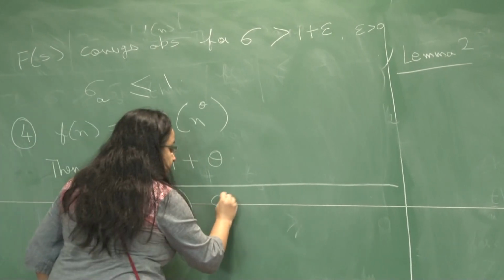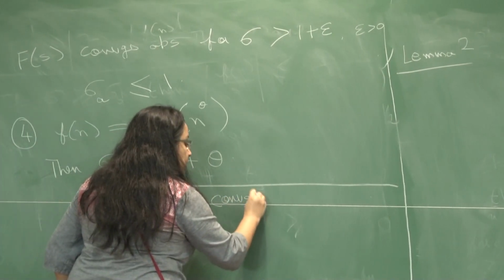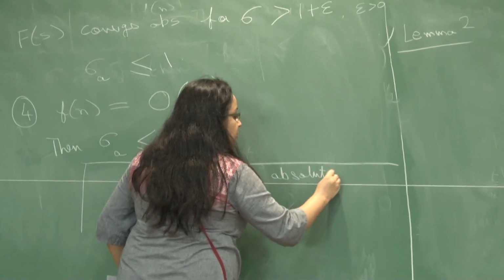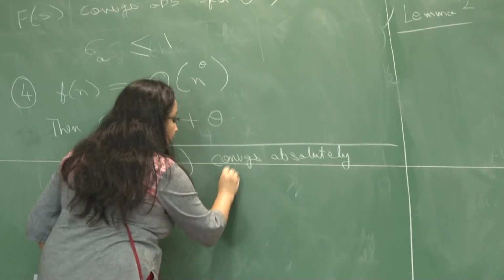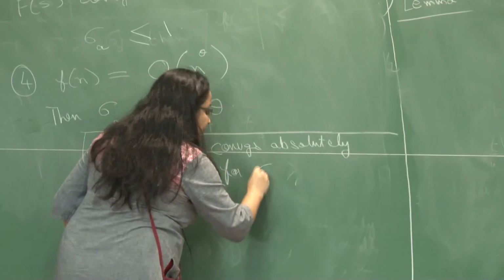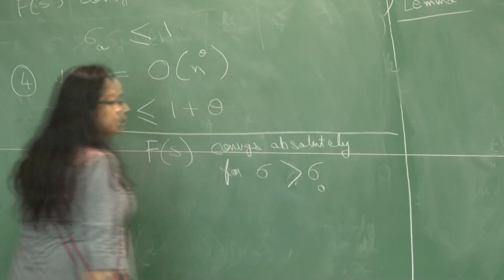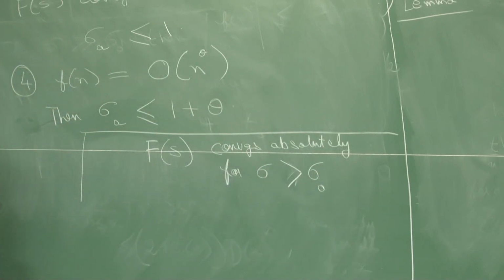This converges absolutely for any complex number s with sigma greater than sigma 0.